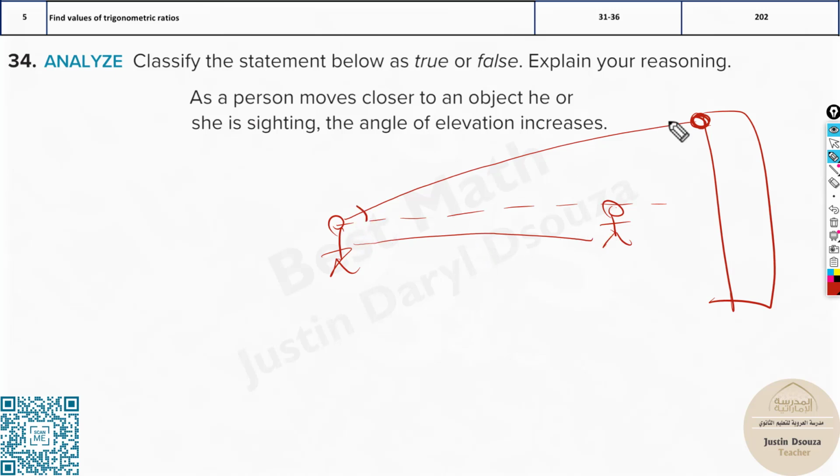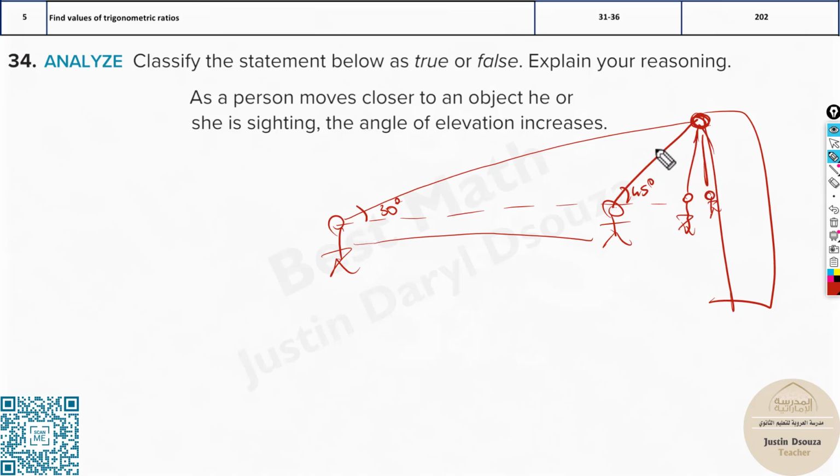Here it looks like it's about 30 degrees. Now look, am I drawing in the same line? No, it goes up. This is about 45 degrees. If I go very close, it's nearly 90 degrees. If I'm just below that point, it'll be 90 degrees above. So what is happening?